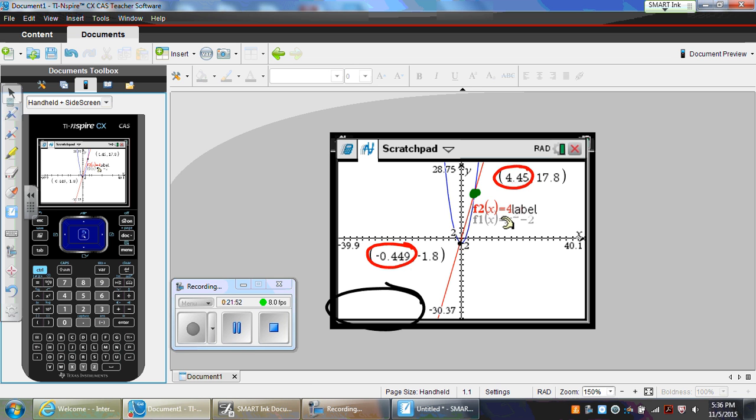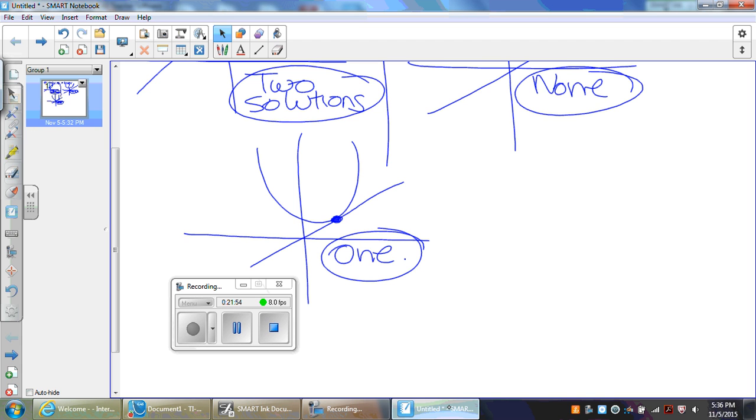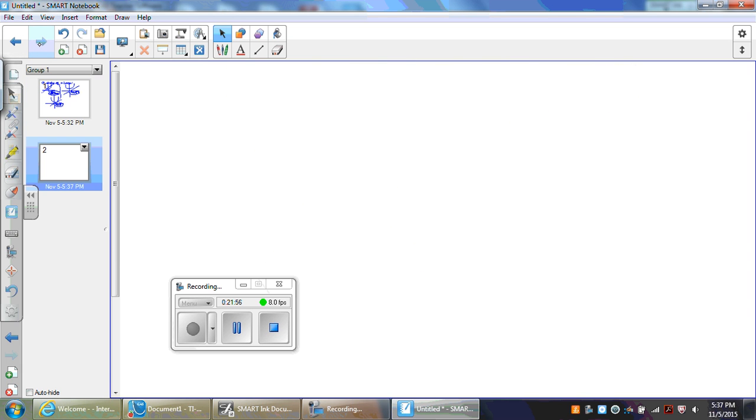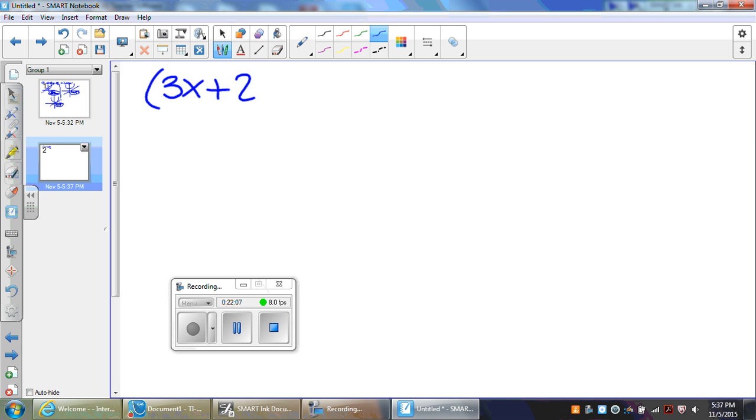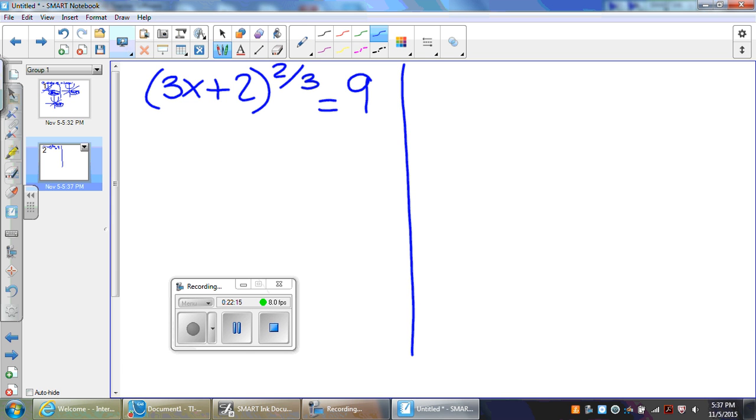Another thing that I could tell you, there is one equation that might look a little intimidating at first, and I'm not going to give you the exact same equation, but it looks like something like this. 3x plus 2 to the power 2 over 3 is equal to 9. And so there is a longer version to solve this equation.